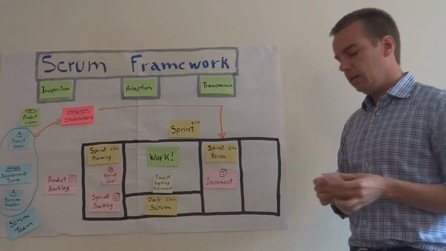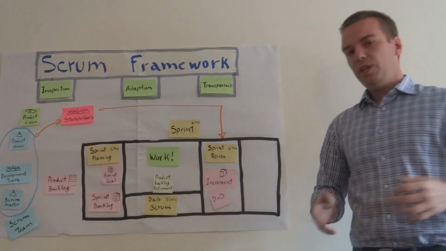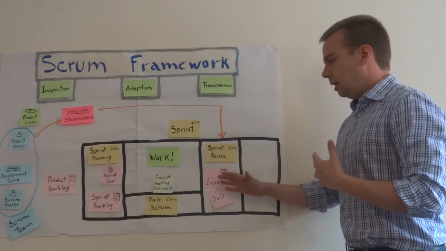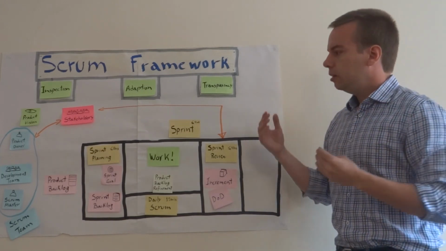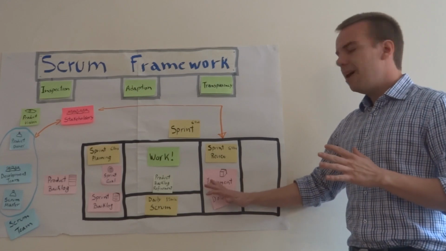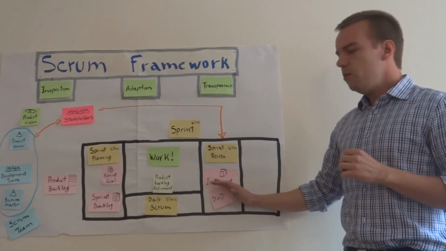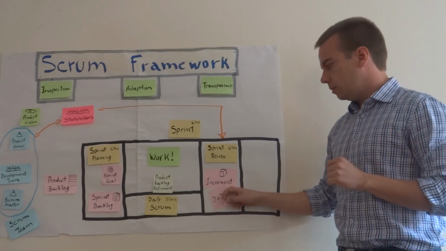We also have an implied artifact called the definition of done, which is quality standards that the PO and the dev team agree upon, and this is to raise transparency, so everyone knows what done means.